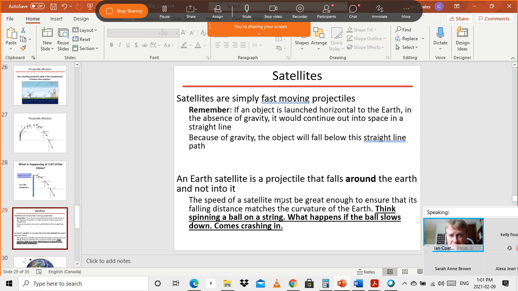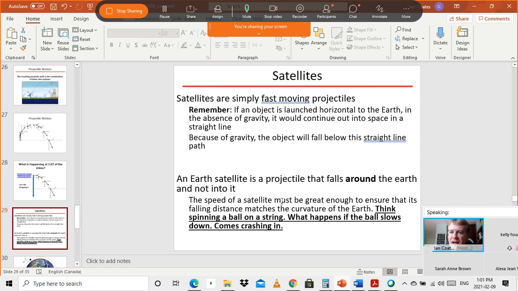But remember, if an object is launched horizontally to the Earth in the absence of gravity, so if we just launch a rocket horizontally towards the horizon, eventually it's going to go off out into space.